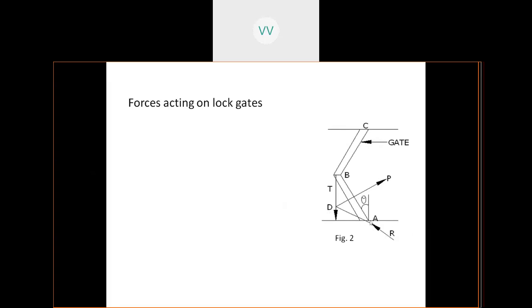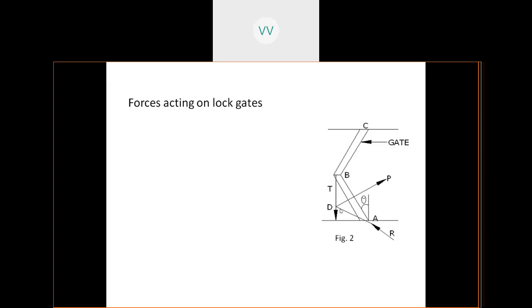So this is the reaction of the gate. When the two gates are in the lock position, that means when both are brought near to each other, in the closed position, you have a gate reaction which is going to be perpendicular to this conjunction point.